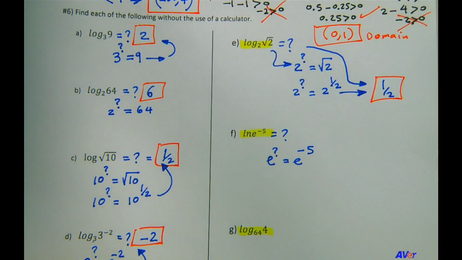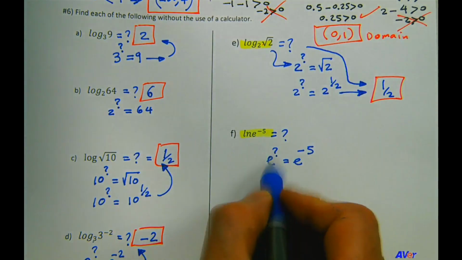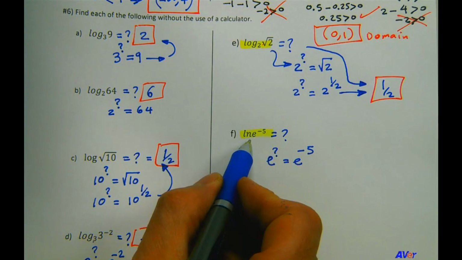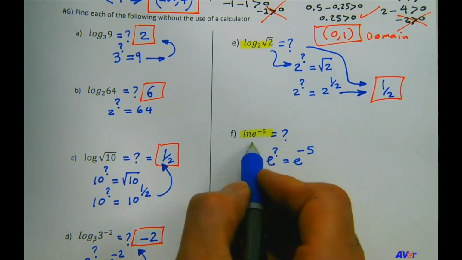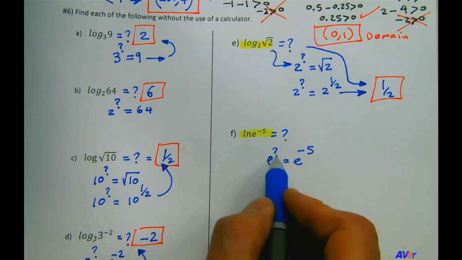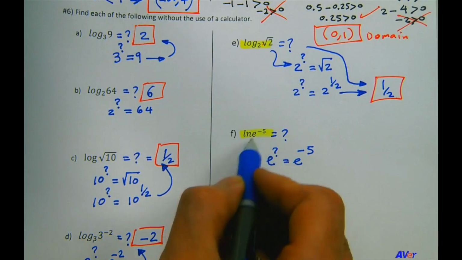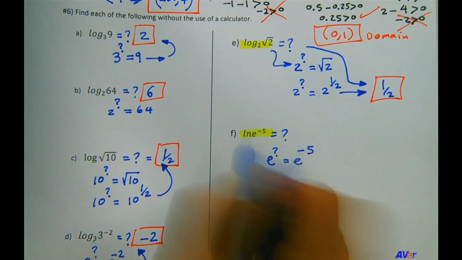Okay? So this e, once again, to the question mark, is the one that is missing, because by mathematical convention we don't write it, but it's there. I mean, it's not missing, it's there, but by mathematical convention we're not writing it. So that e to this question mark as power must be equal to e to negative 5 power.